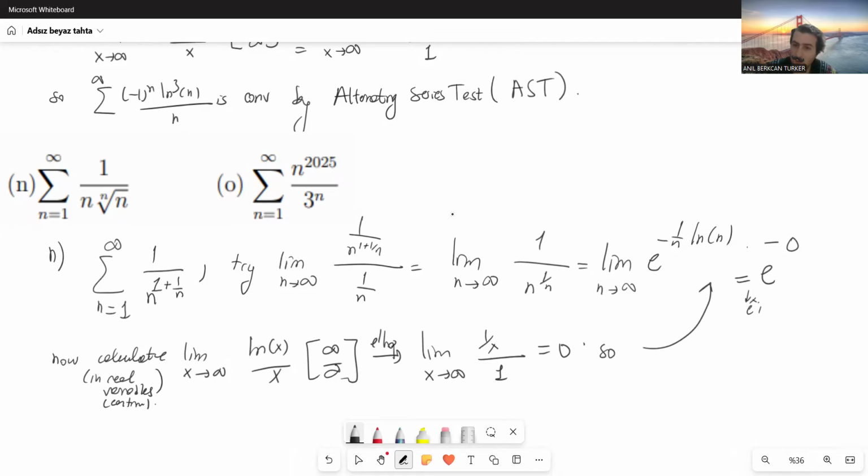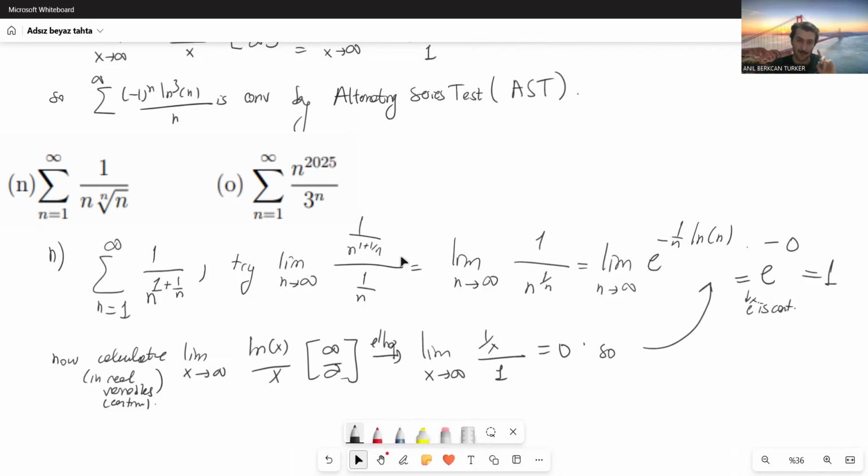e to the power x is continuous, so we can change this limit above, and we know the result of this limit, which is 0, so it is e to the power minus 0, which is 1, right?